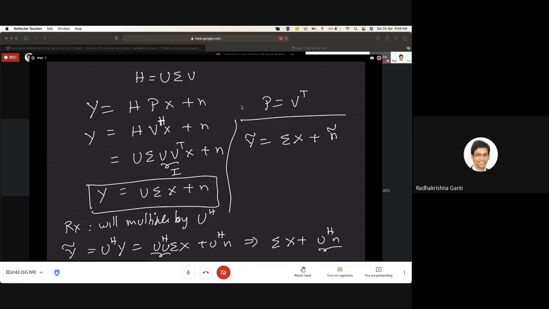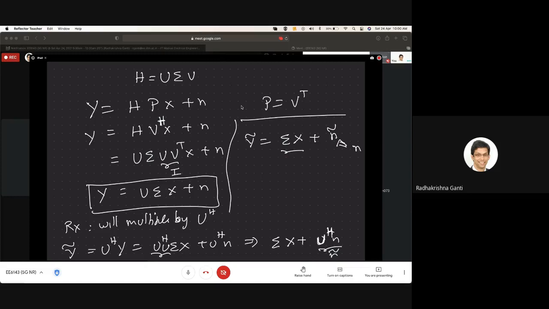You can show that the variance of n tilde is equal to the variance of n. So the statistical properties of n tilde are the same as n. But the beautiful thing that happened is you got sigma into x.